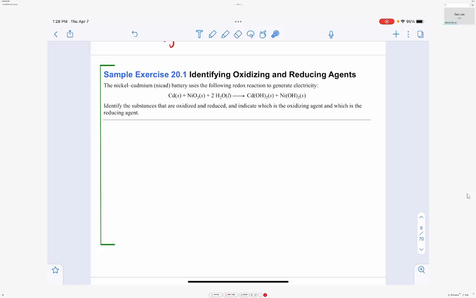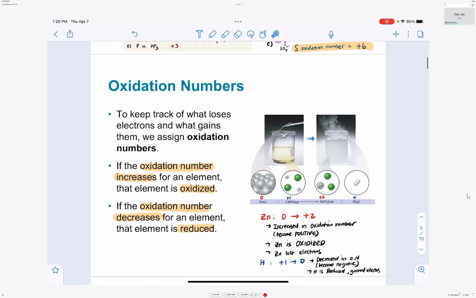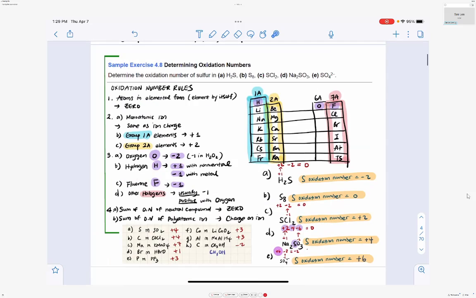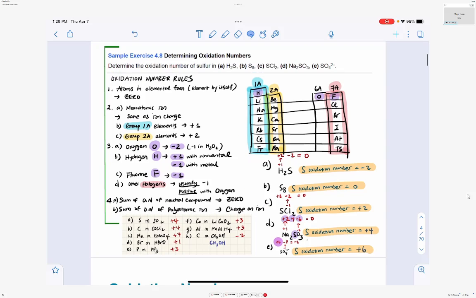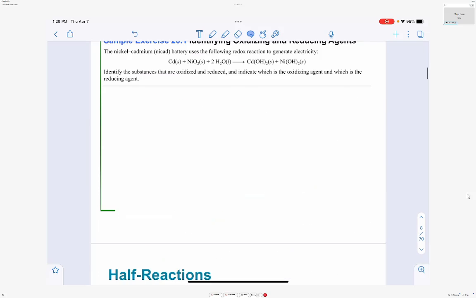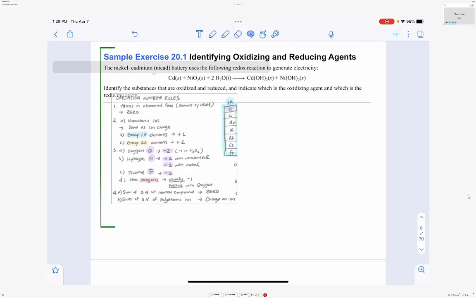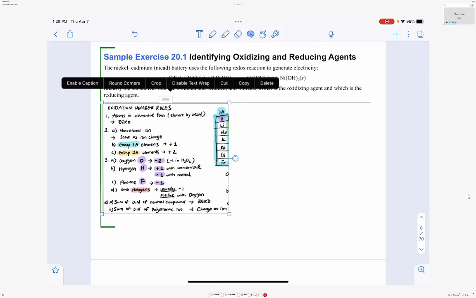Okay, I'm going to bring down this rule sheet. Okay, so this is the rule.